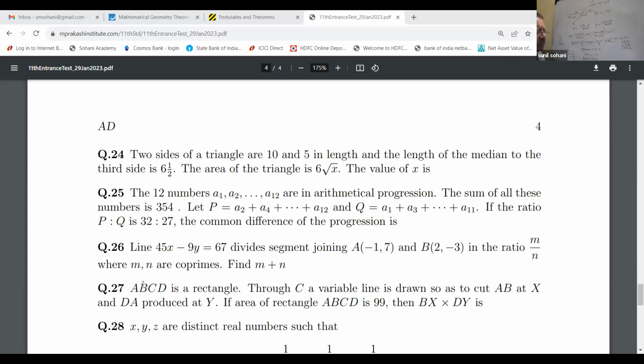Other 4 questions won't take time. Okay, let's see. So which question after this? 25. I am going backwardly. Okay.